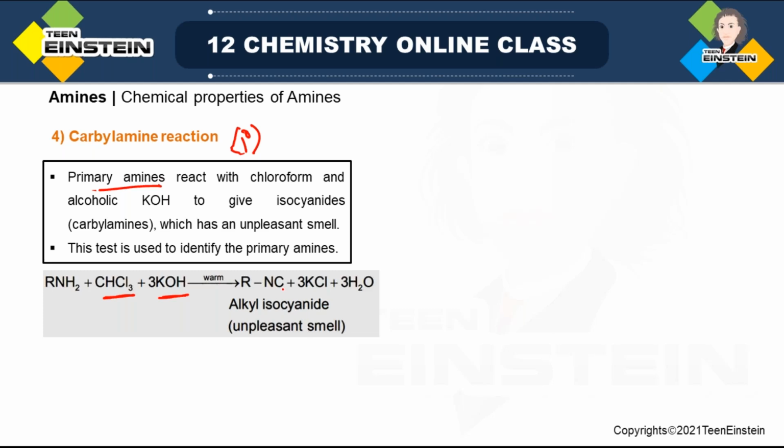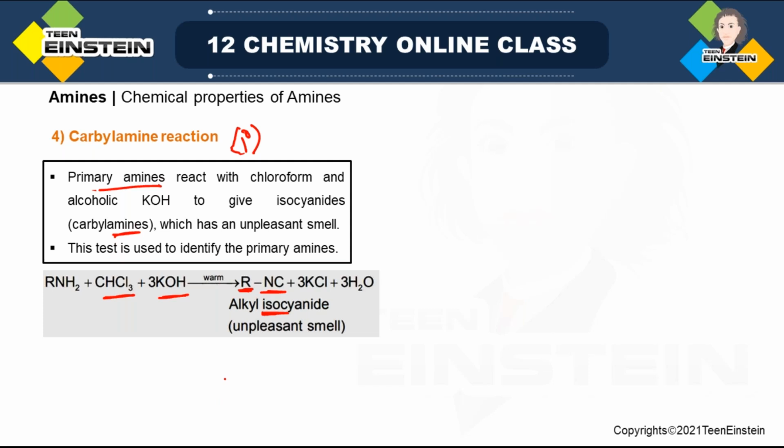And what we get is alkyl isocyanide. Isocyanide means NC. Cyanide is CN. Isocyanide is NC. So here the alkyl group is attached with nitrogen, not carbon. So that is why it is different. It is not RCN, it is RNC. And that is actually called carbylamine.